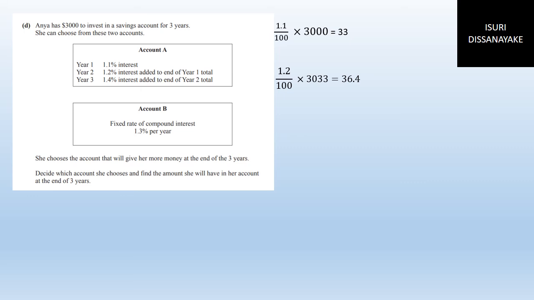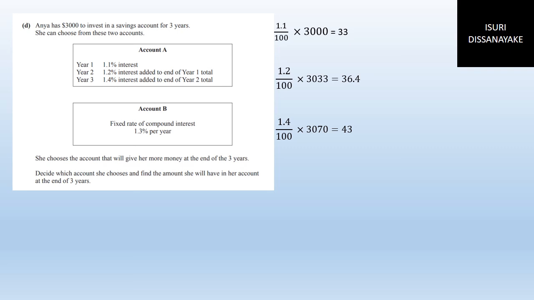Next, in the third year, 1.4% interest is added to the total amount at the end of year 2. So for 3,033, you will add 36.4. That adds up to 3,070. So 3,033 plus 36.4 adds up to 3,070. For that, 1.4% is charged.